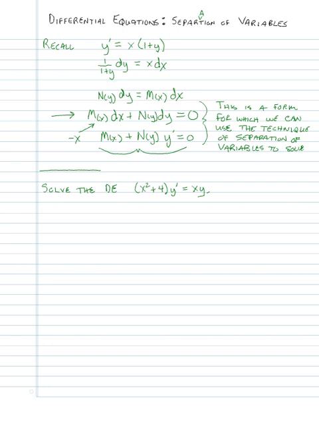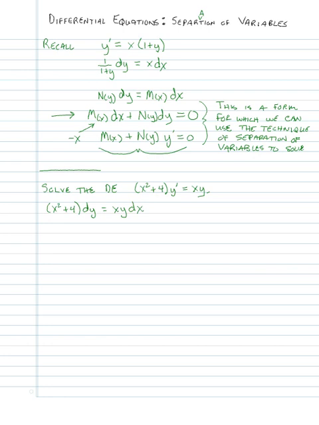So let's first rewrite y prime as dy over dx, and then multiply through by dx. And so we would immediately get as our first step x squared plus 4 times dy is equal to xy dx.